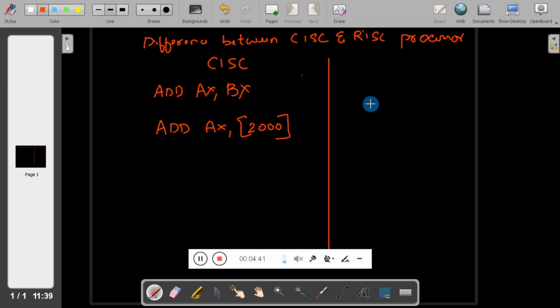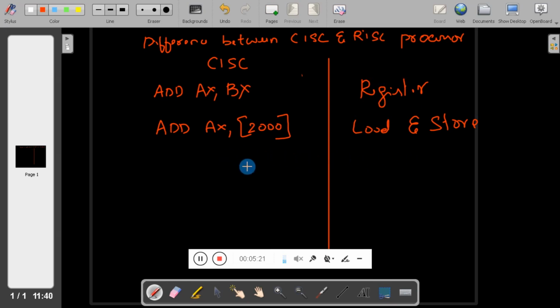But in ARM, all the instructions are executed on registers only. Only two instructions access memory, that is load and store. Because all the instructions are executed on registers, it can be guaranteed that all the instructions can be executed in one cycle, and memory operations are slower than register operations.